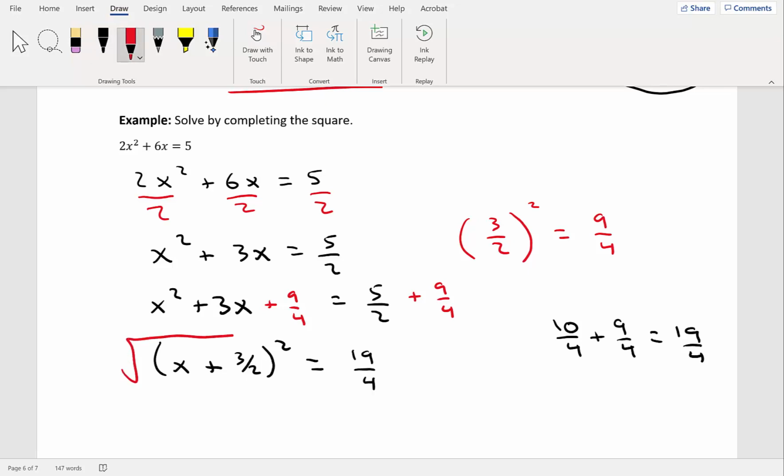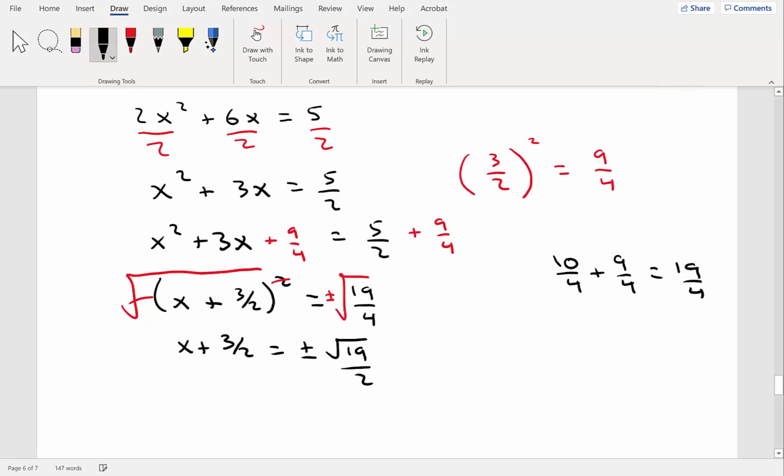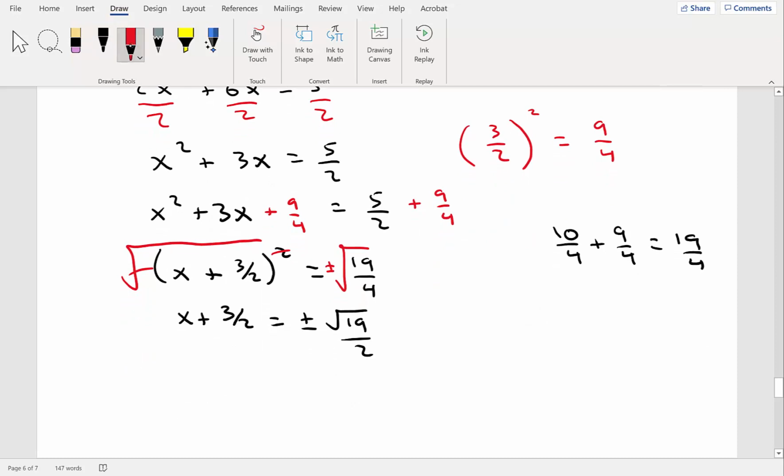Now let's continue. Go ahead, take the square root of both sides. Square root second power cancel out. So I have x plus 3/2 is equal to plus or minus. Now remember, with square roots of fractions, take the square root of the numerator and take the square root of the denominator. So I have square root of 19 over, now the square root of 4 gives me 2. Next step to solve for x, go ahead, subtract 3/2 from both sides.